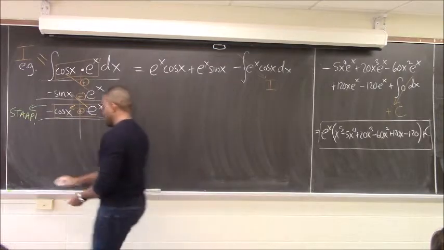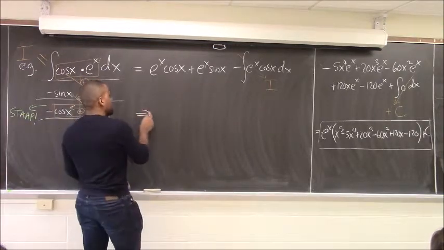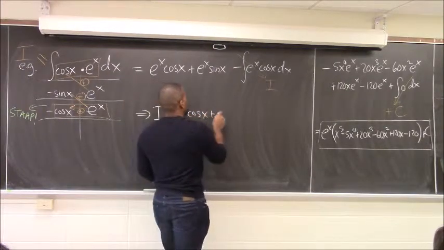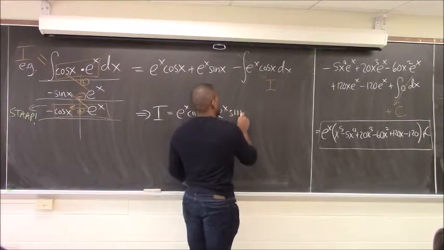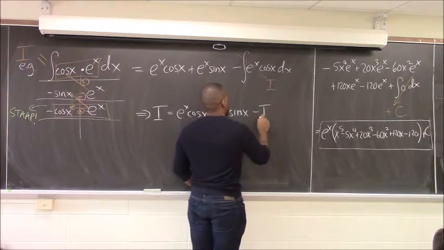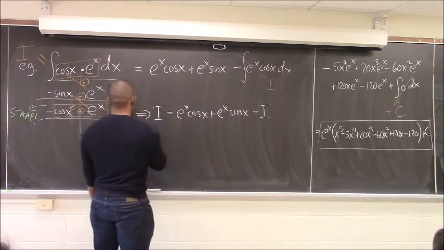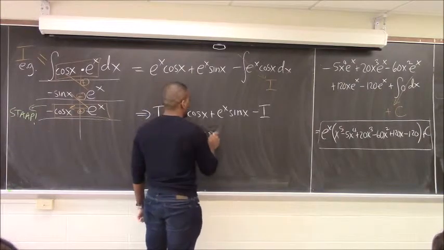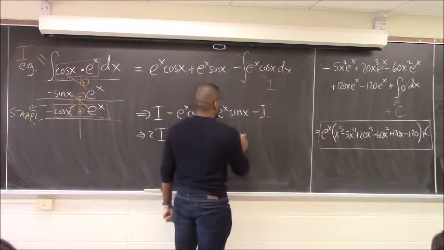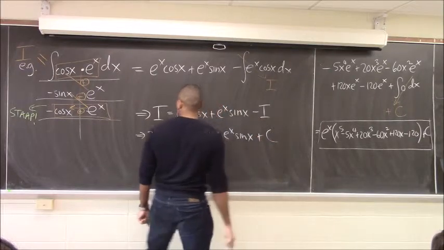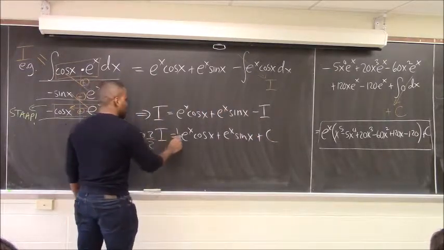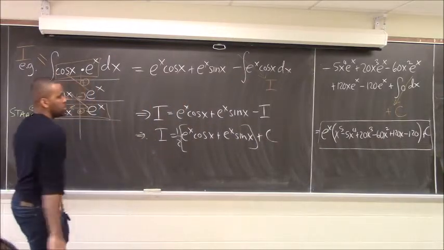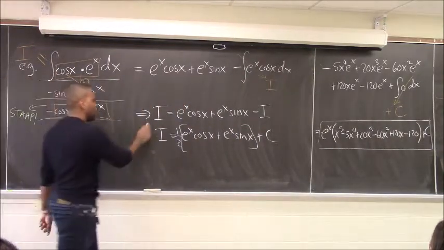And so from here they can say, well, I is equal to e to the x cosine of x plus e to the x sine of x, minus I. Bring the I to the other side, 2I equals that. And then you divide both sides by 2. And so you get the answer that way.